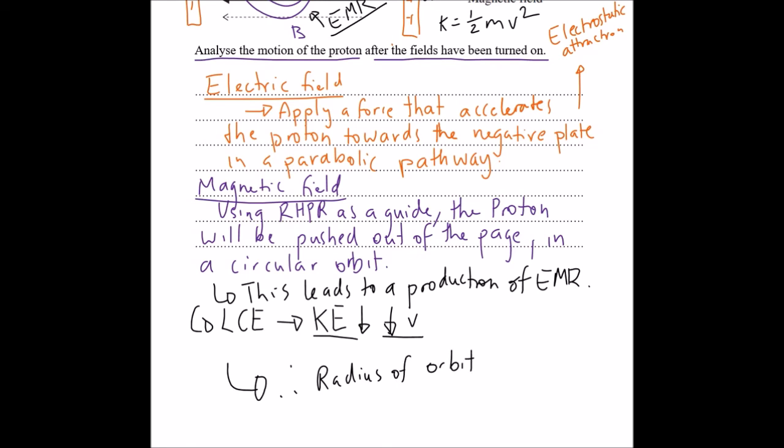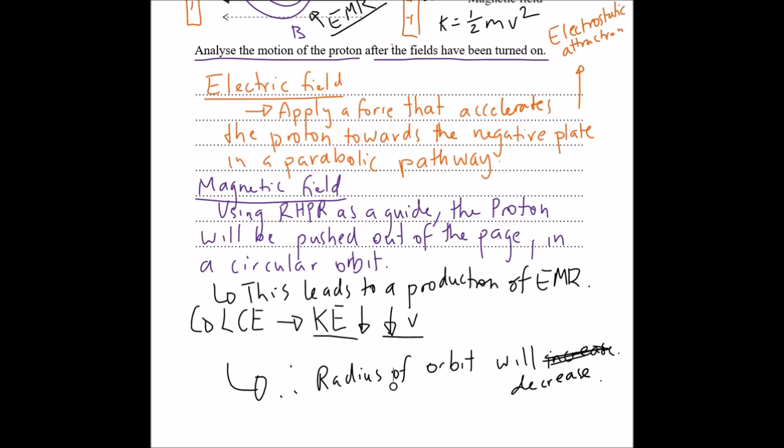Well, what we mean by decrease, we actually mean by increase. The slower it goes, there's less force to pull it inwards, and so the radius of orbit will increase. Let me just check one thing. It's actually going to be a decrease. I do apologize there. So we're going to see a decrease in the radius.